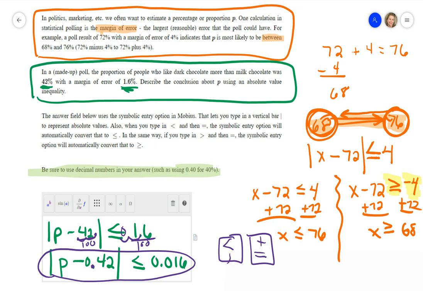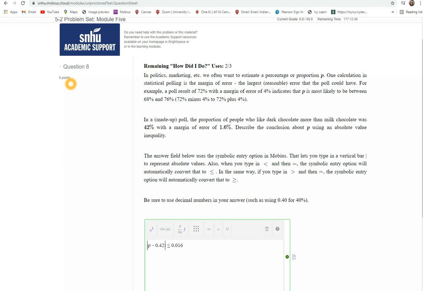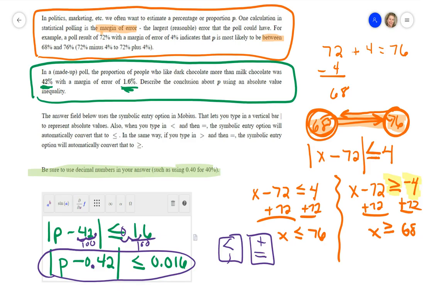And Mobius will automatically type in a less than or equal to, and then it's 0.016, and that should be the equation. And how did I do? Ta-da! I did it. Hopefully that explains that problem.